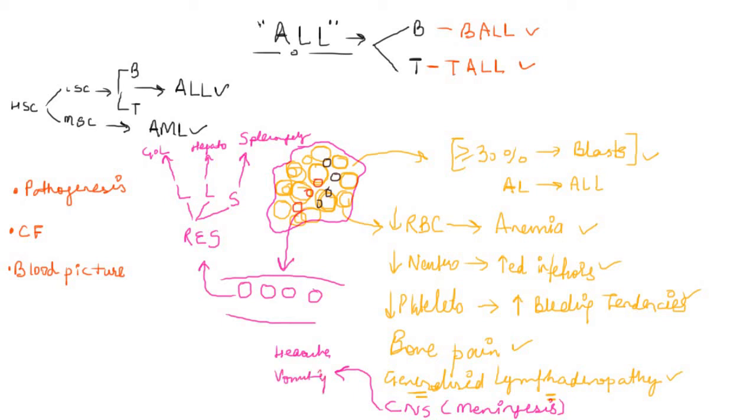These are due to the involvement of the central nervous system. So this is the basic pathogenesis of acute lymphoblastic leukemia, and these are the clinical features. Now we have to understand the blood picture of acute lymphoblastic leukemia.